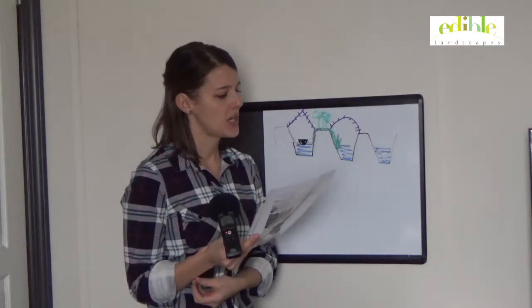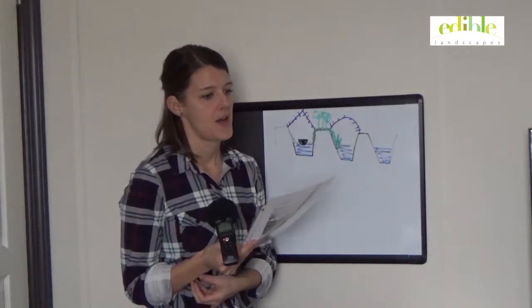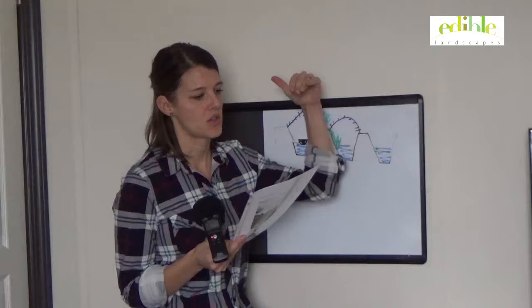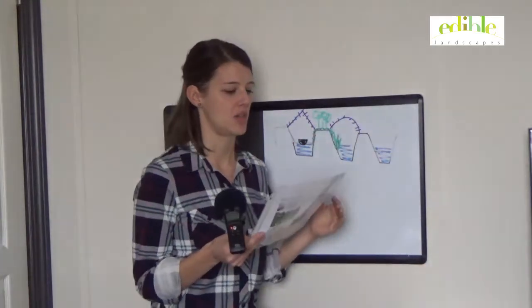If you have treed swales above you on a slope, and you've got sloped land that isn't in a wetland, you can actually create wetland type conditions.